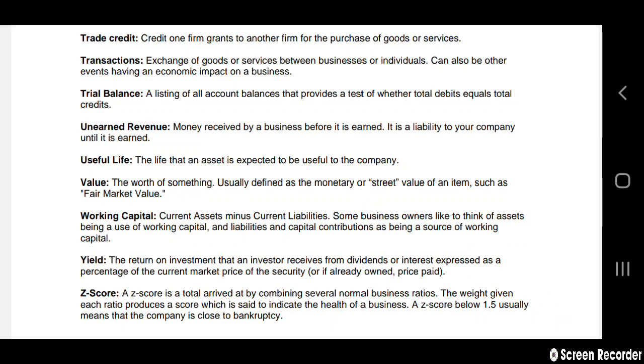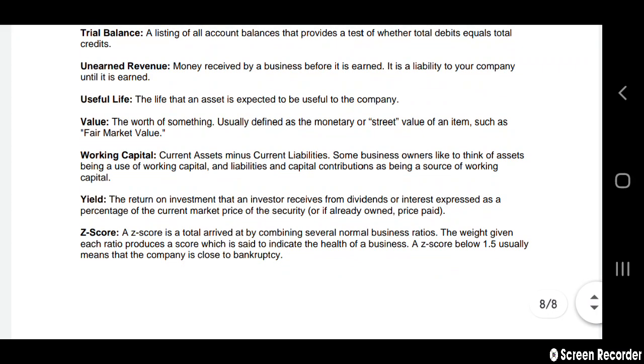Transaction, an exchange of goods or services between businesses or individuals, and can also be other events having an economic impact on the business. Next, trial balance, a listing of all account balances that provides a test of whether total debits equal total credits. Next, unearned revenue, money received by a business before it is earned.